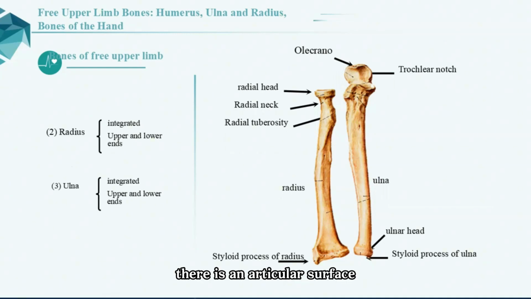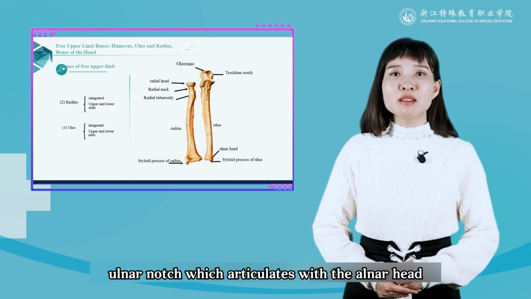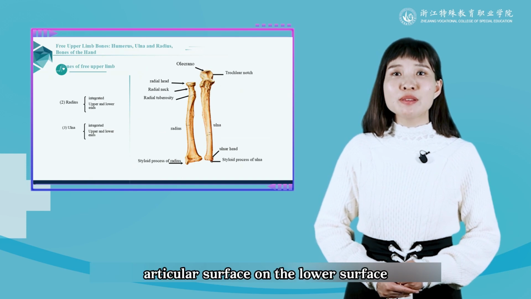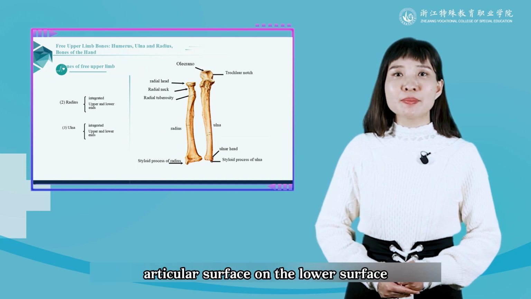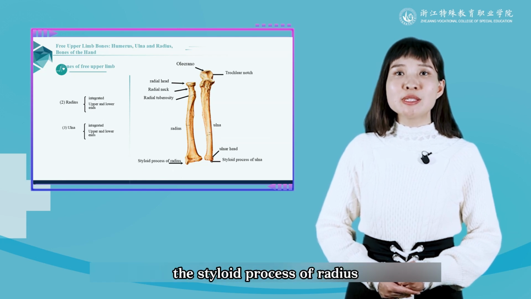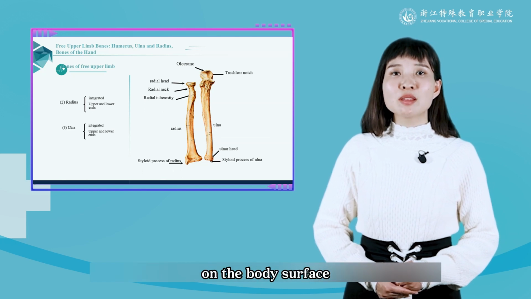There is an articular surface on the medial surface of the lower end called the ulnar notch, which articulates with the ulnar head. There is a carpal articular surface on the lower surface which articulates with the carpal bones. The styloid process of radius and radial head can be palpated on the body surface.